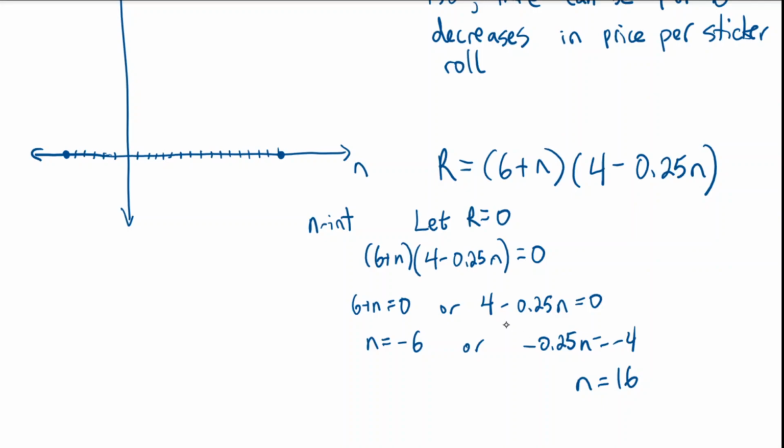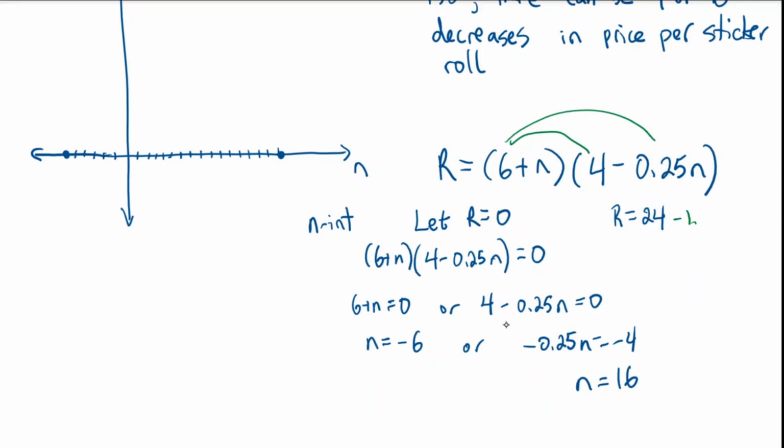So R equals 6 times 4 is 24, that's what I did here. Then I can go 6 times 0.25, which we did before, is actually 1.5.